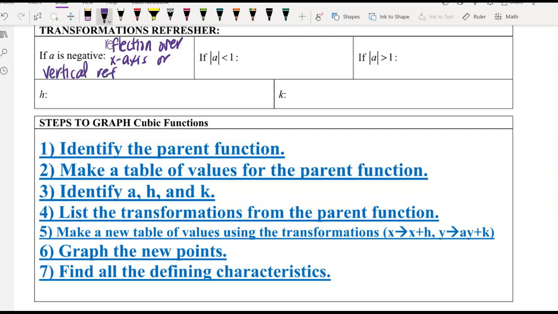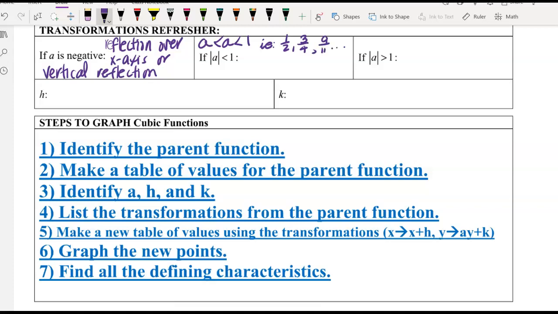You can choose either. Now, we talked about if this A value is between 0 and 1, for example, a half or 3/4 or 9/11.